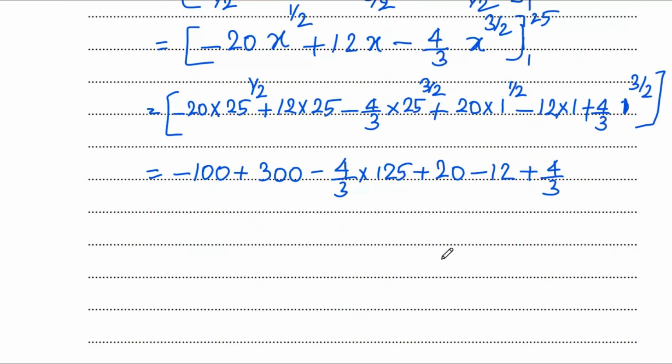Minus 100 plus 300 will be 200. 200 plus 20 is 220. Minus 12 will be 208.